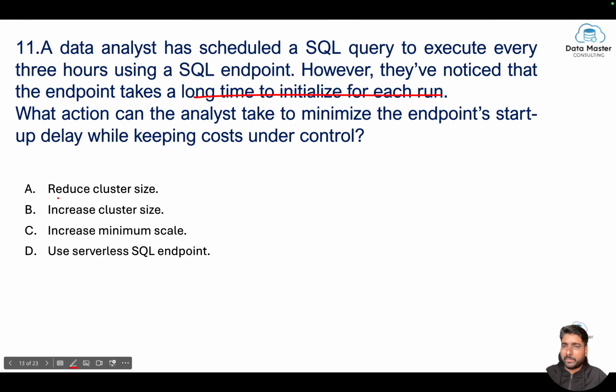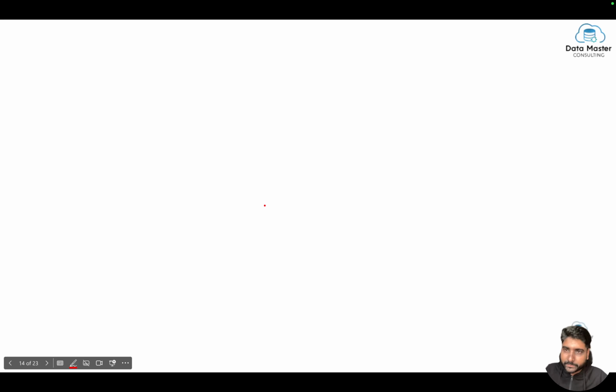So we are not talking about reducing or increasing the cluster size. Increase the minimum scale. Again, there is no point in it, but the only option would be use a serverless SQL endpoint to save a lot of your startup time or initialize run. We can use a serverless compute in this case. So the correct answer would be D.